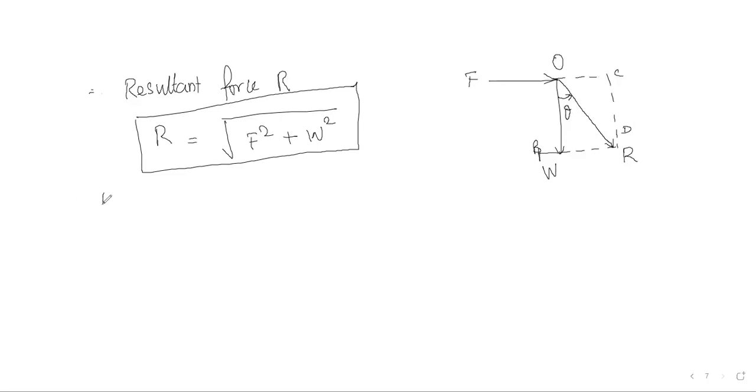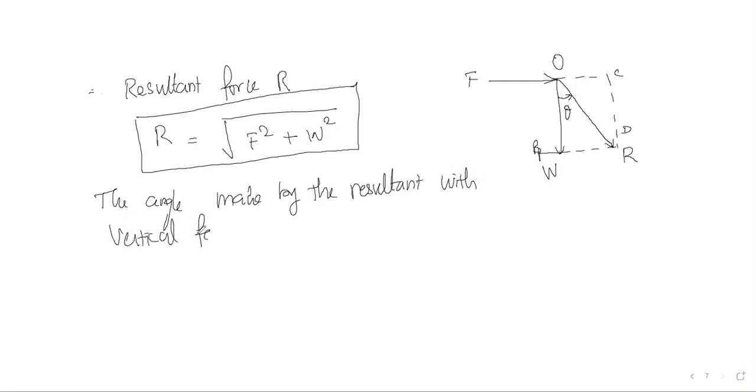The angle made by the resultant with the vertical face. So tan theta is equal to opposite side by adjacent side. Opposite side here is BD, adjacent side is OB.